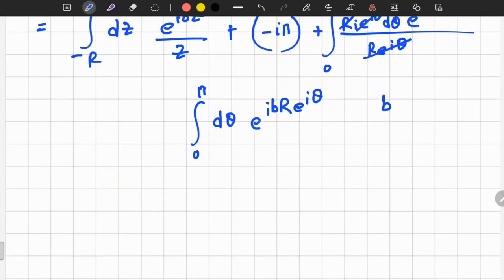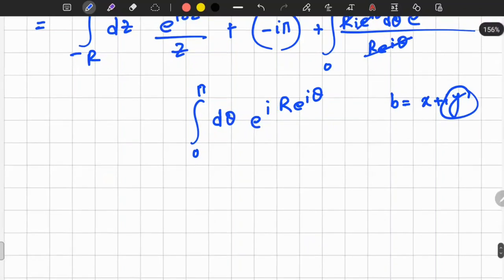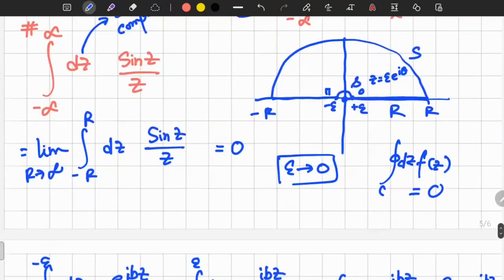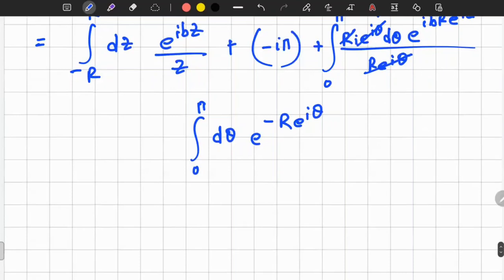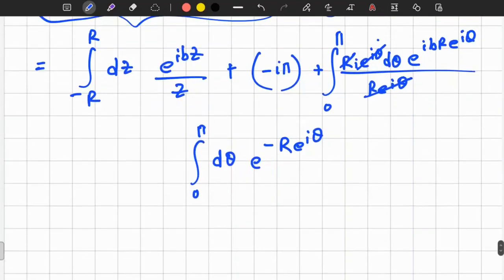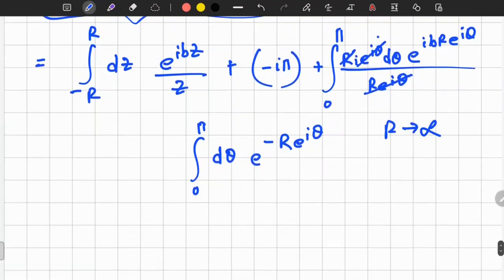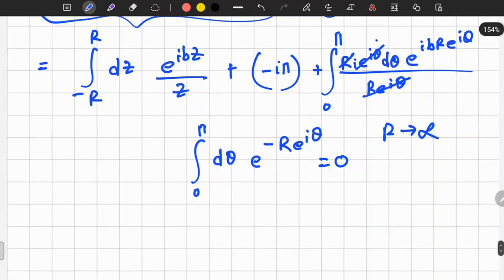Now the imaginary part means we can write b as x plus iy. If we take only the imaginary part, then it will be only iy, so we can write minus I square y. So minus I square gives us minus r into e to the power I theta. If we take the imaginary part only, real part we are not considering. And now if we put r tends to infinity, then this part essentially is 0. This part vanishes.